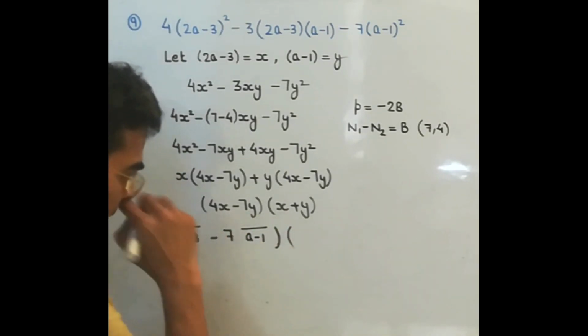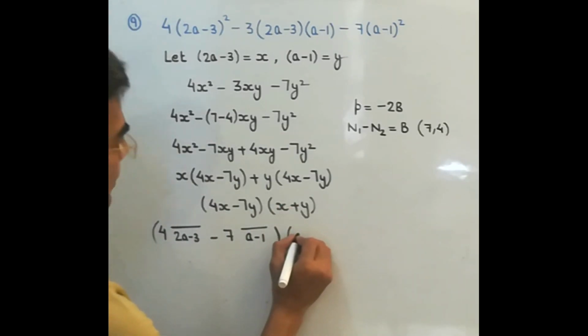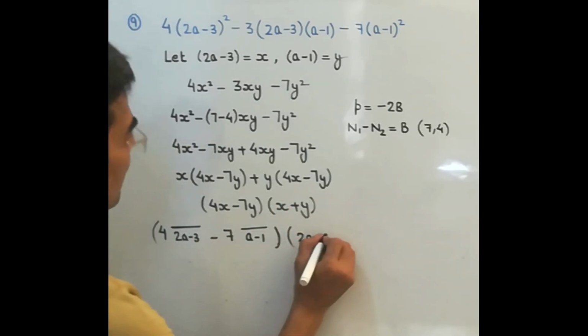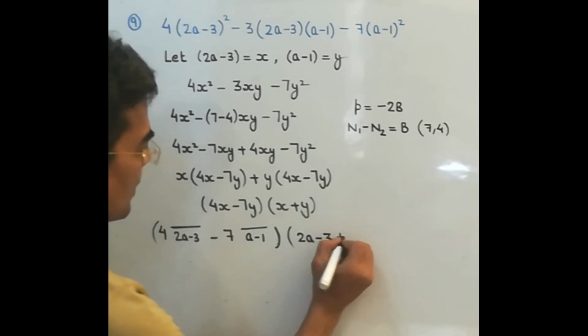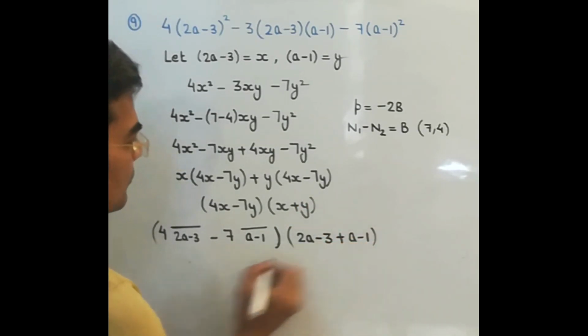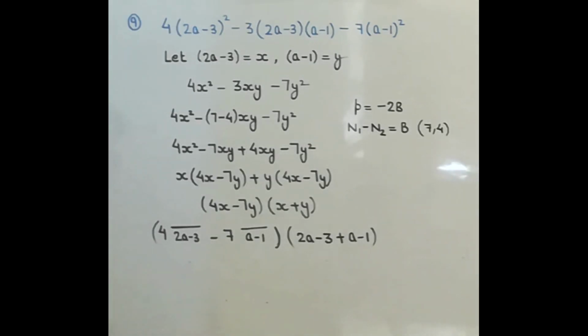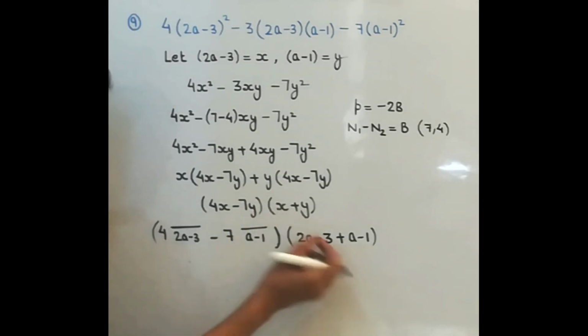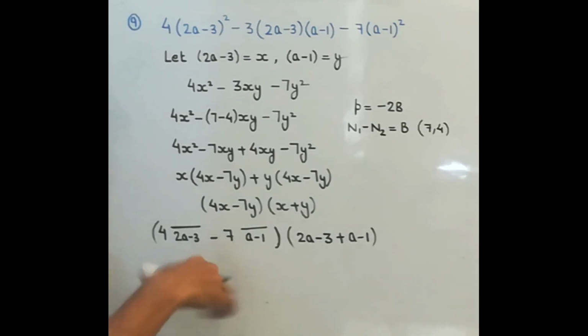Similarly in the second bracket, x is 2a minus 3 plus y, a minus 1. Now see, if you are replacing and there is a plus sign, there is no need to put the bracket, because we know what will be the result, because multiplying with plus will give you the same result.